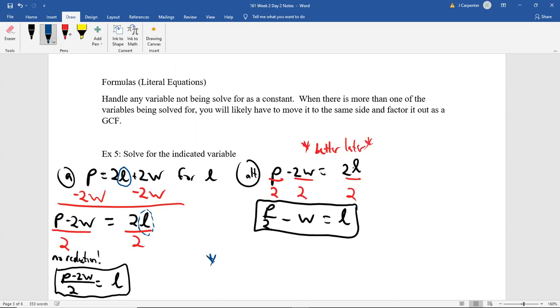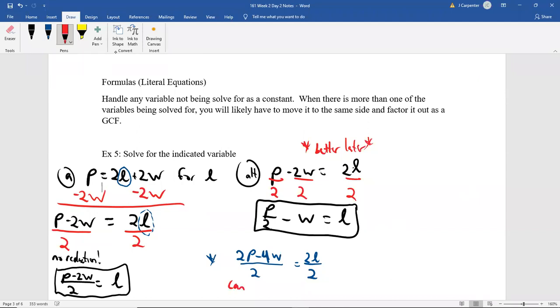Asterisks. Let's say we had 2p minus 4w over 2 equals 2l over 2. This is a different problem. Let's just say this is what we had. This was a 4 here, and this was a 2 here. This one you could actually reduce because there's a 2 as a factor everywhere.